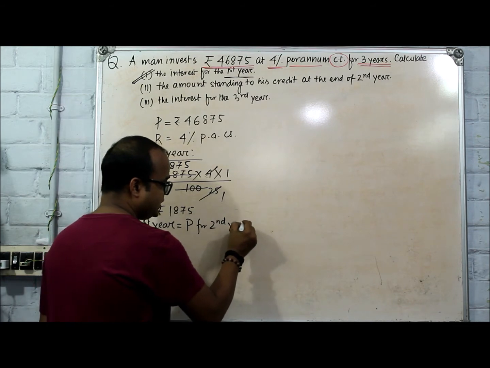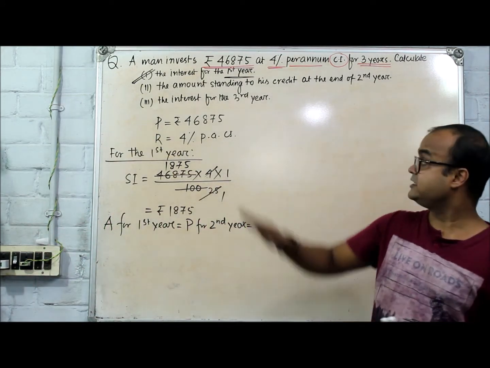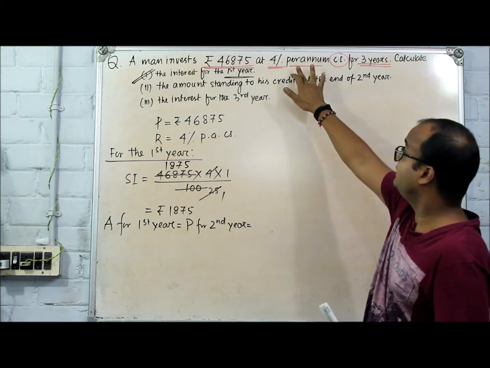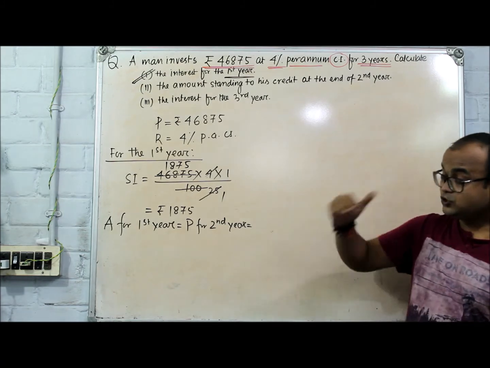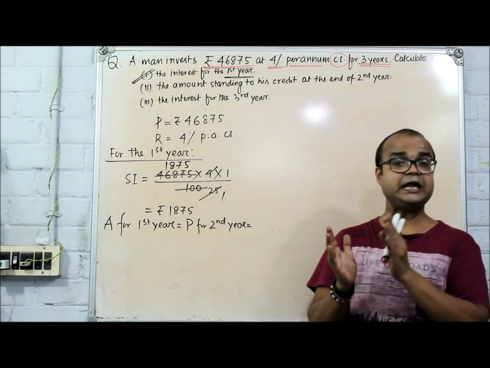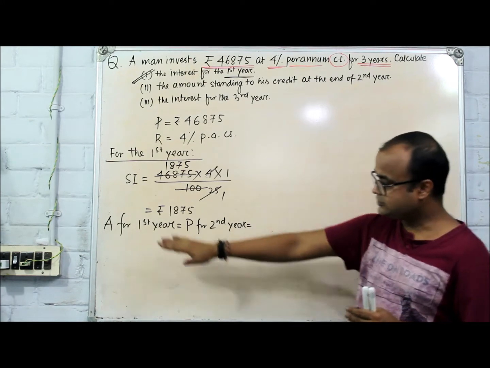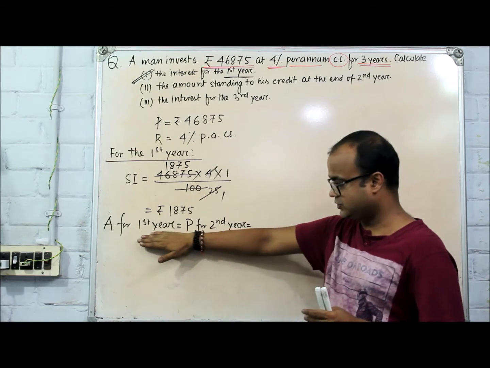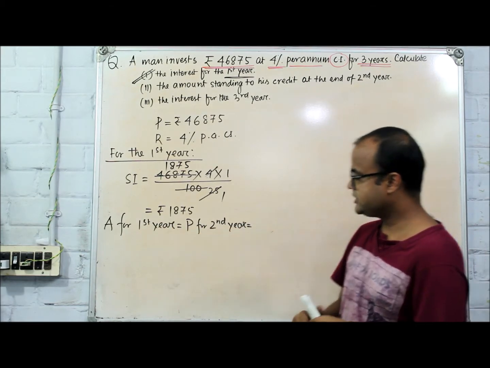As I mentioned earlier, since it is compounded per annum, at the end of first year, whatever the amount will be, that will become the principal for the next year. That's why I am writing A for first year, that is amount for first year, is equal to principal for second year.